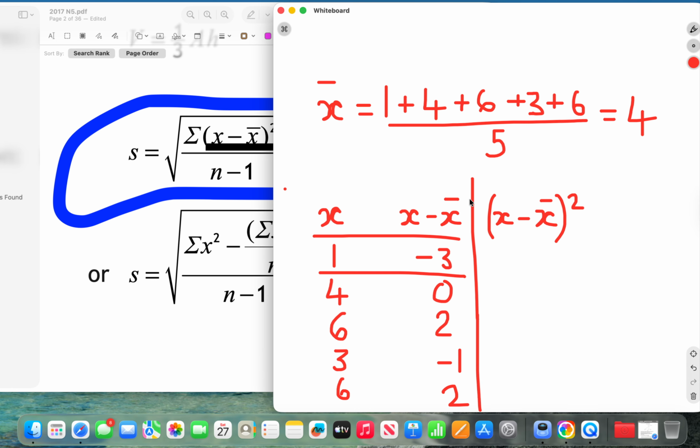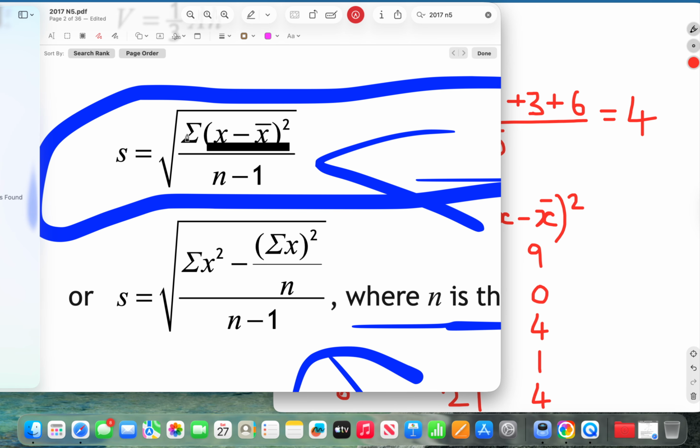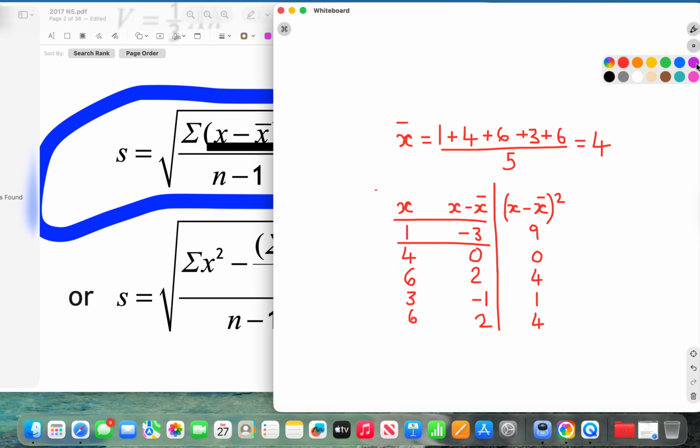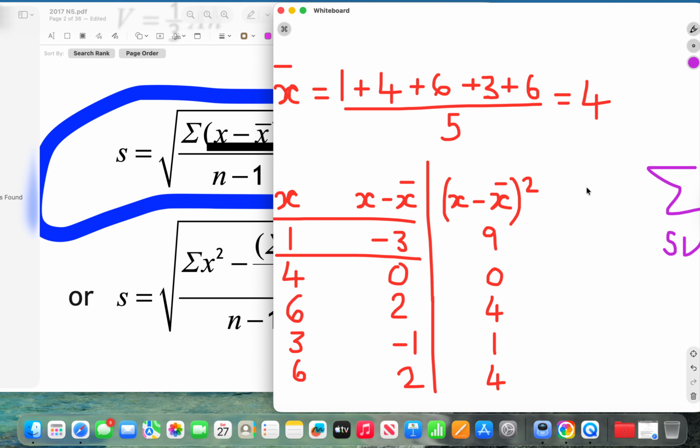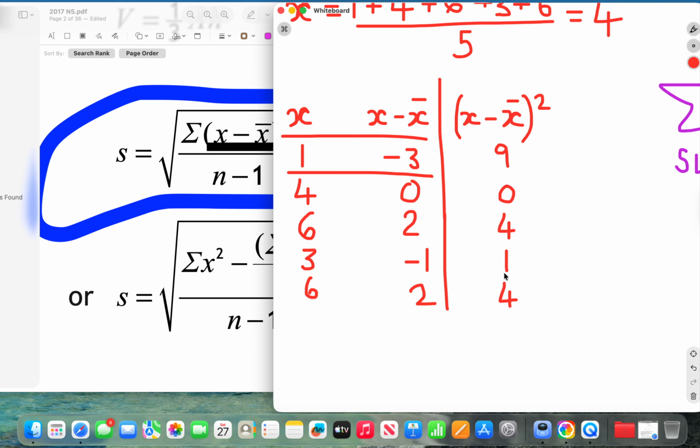So you have to find each x minus x bar all squared: 9, 0, 4, 1, and 4. Then you find the sum, the sigma sign. The sigma means sum, so you add all of the values of the x minus x bar squareds, and if you do that, you get 18. So we add up all of the numbers in this column.